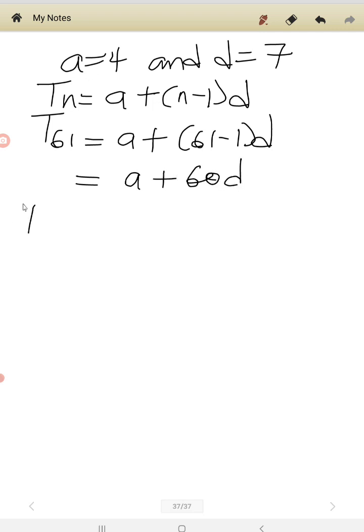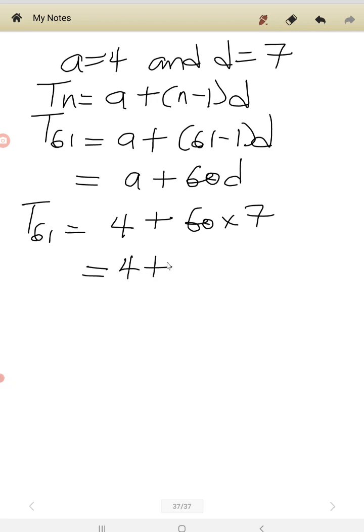Recall that the value of A is 4. So 4 plus 60 times 7. On your calculator, 60 times 7 will give you 420. By the time you add it together, T61 will now be 424.